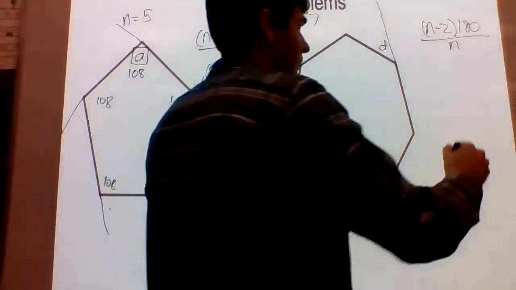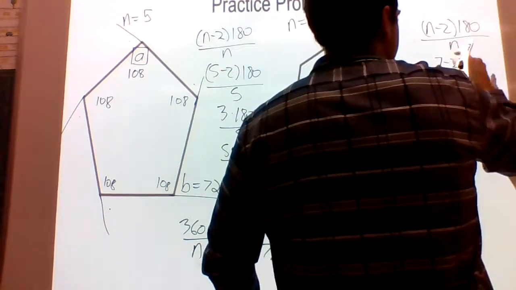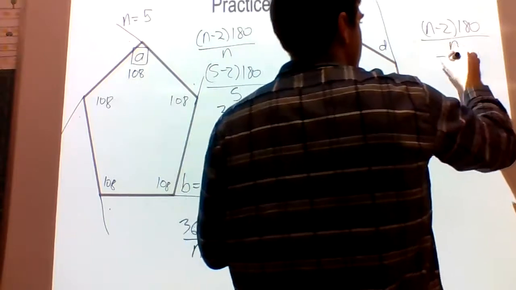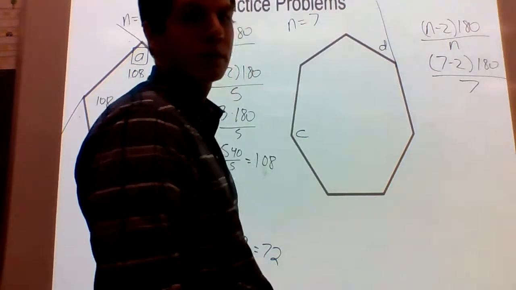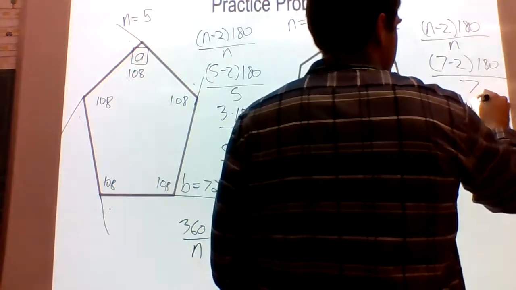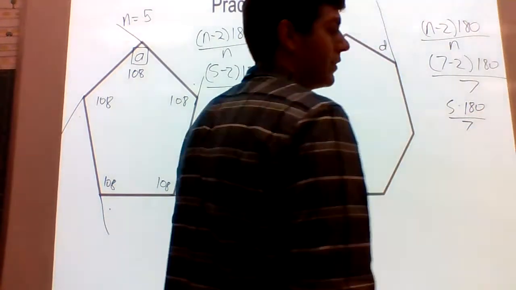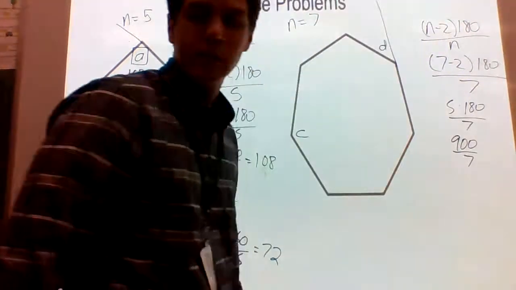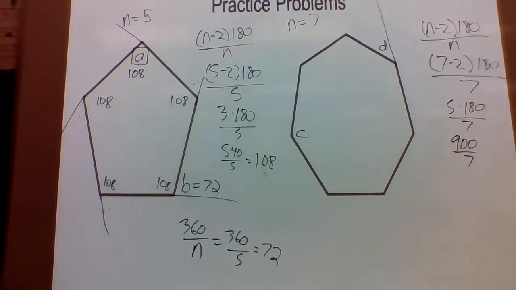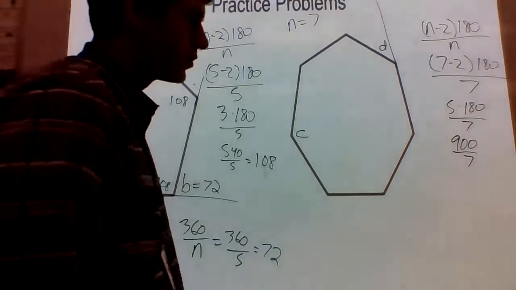And in this case n is 7. 7 minus 2 times 180 divided by 7. 7 minus 2 is 5. 5 times 180 is 900. 900 divided by 7 is 128.6.